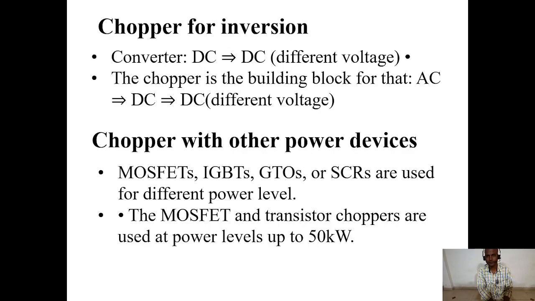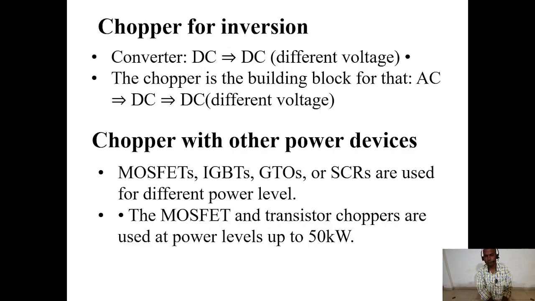chopper for inversion. Normally the converter is used to convert fixed voltage to variable voltage or current at different levels. Now normally the chopper is the building block for converting AC to DC or different DC to DC network converters.